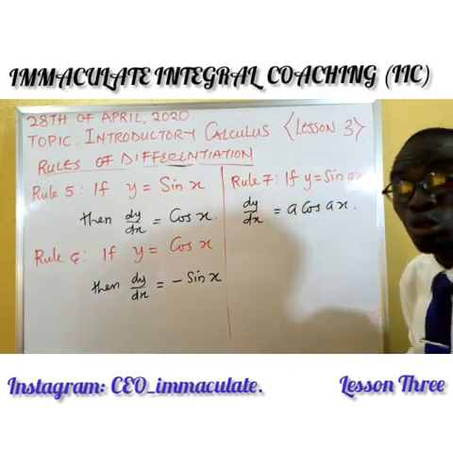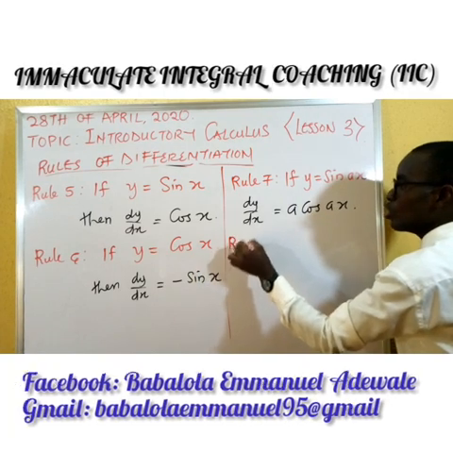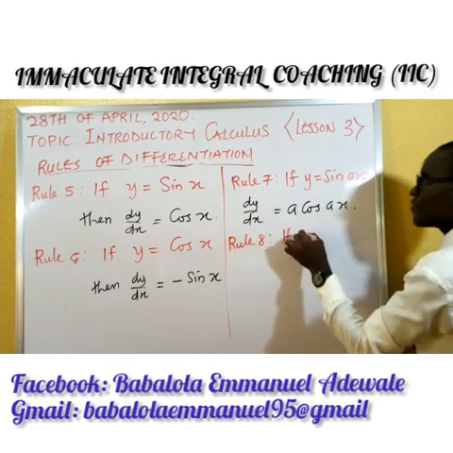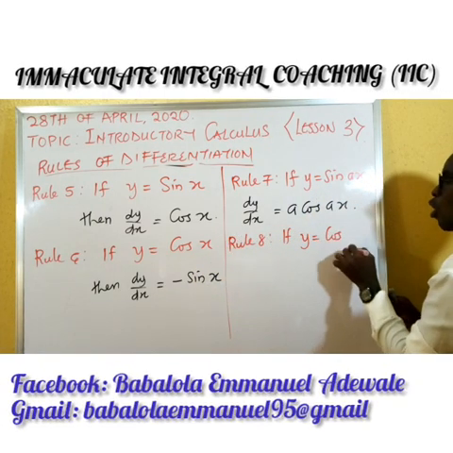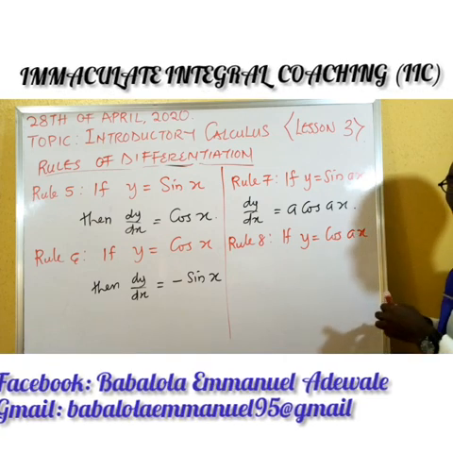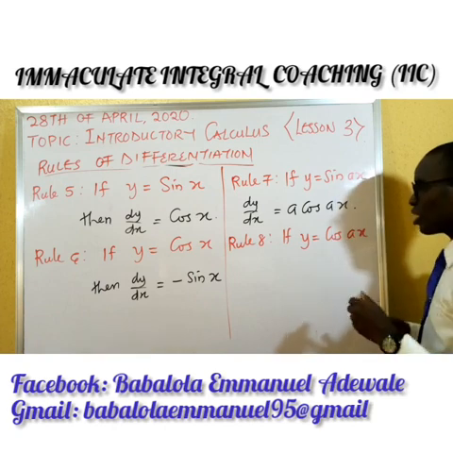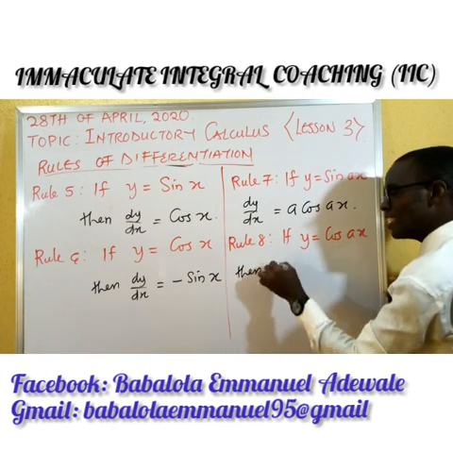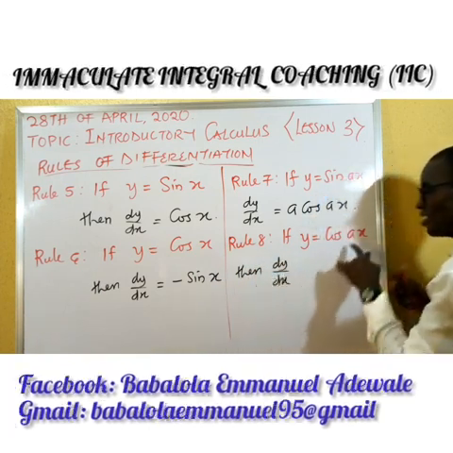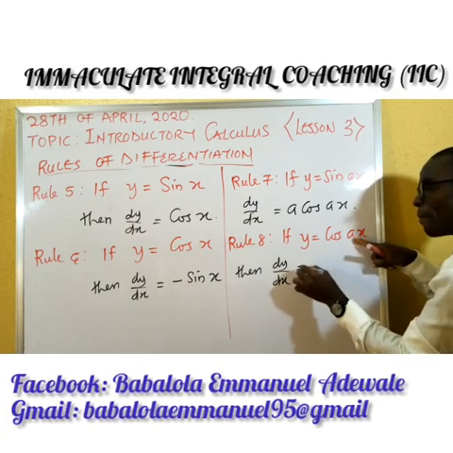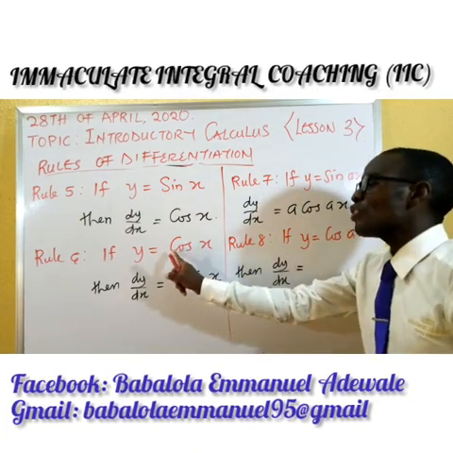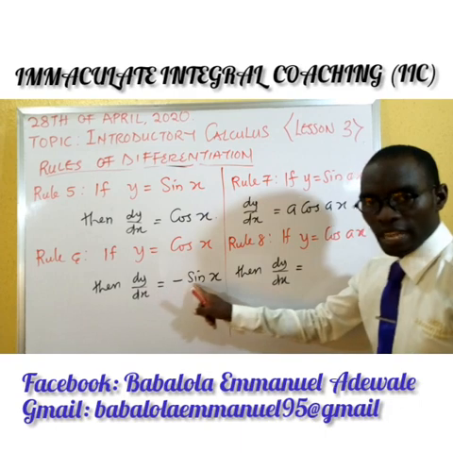So let's look at rule 8. If y equals cos ax, still make use of the general rule, then dy/dx, the constant will come out. But mind you, if you differentiate cos x you get minus sine x.